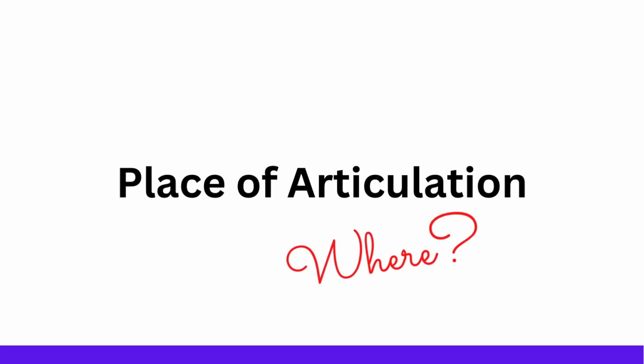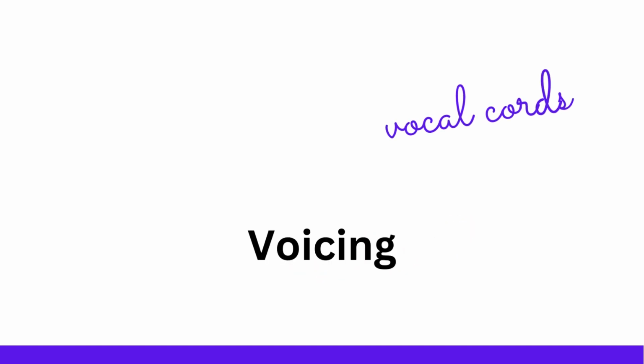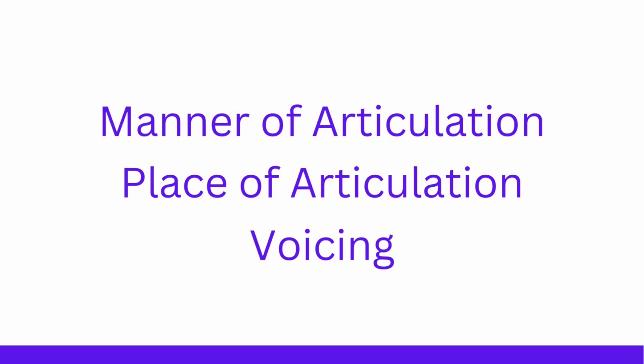Place of articulation deals with the location in the vocal tract where the airflow is obstructed or modified to produce the sound. Voicing is about whether or not the vocal cords vibrate during the production of the sound. These properties can be used to classify and describe speech sounds and to understand how they are produced and perceived.